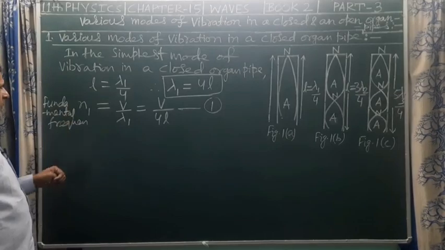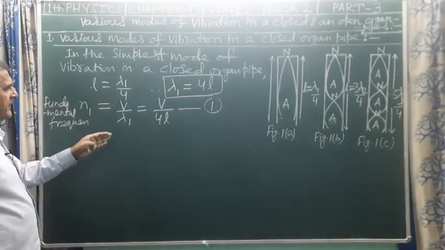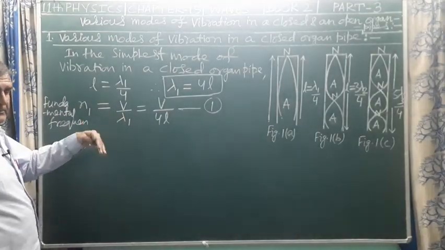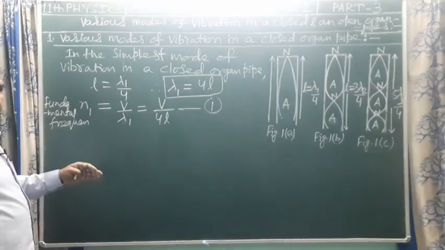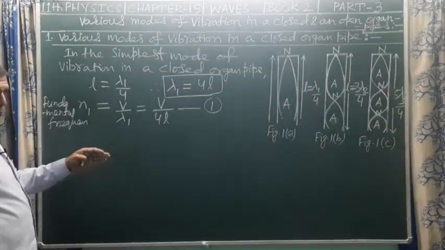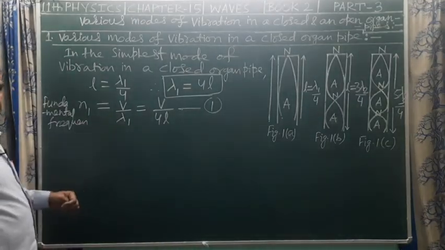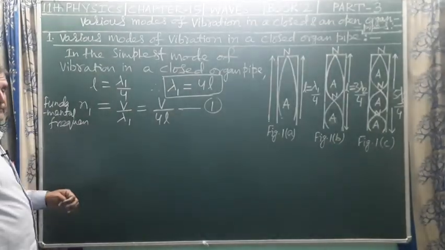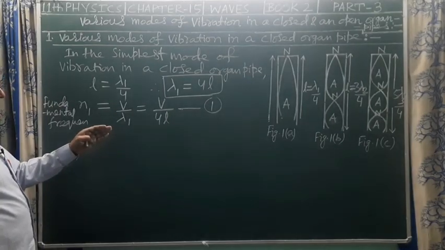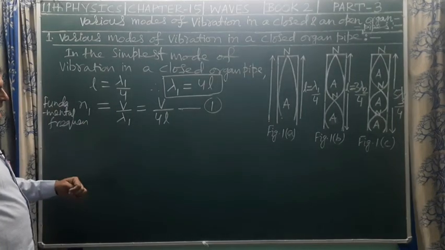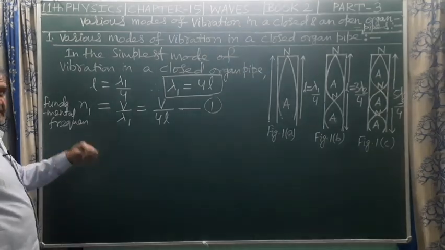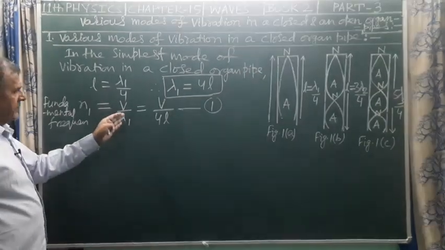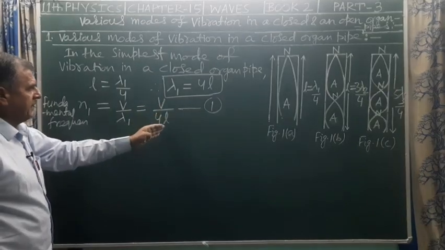So, using the formula of frequency, N1 is equal to V upon lambda 1, where V is the speed of sound in the closed organ pipe, and lambda 1 is the wavelength of the simplest or fundamental mode of vibration. So, N1 is equal to V upon 4L.